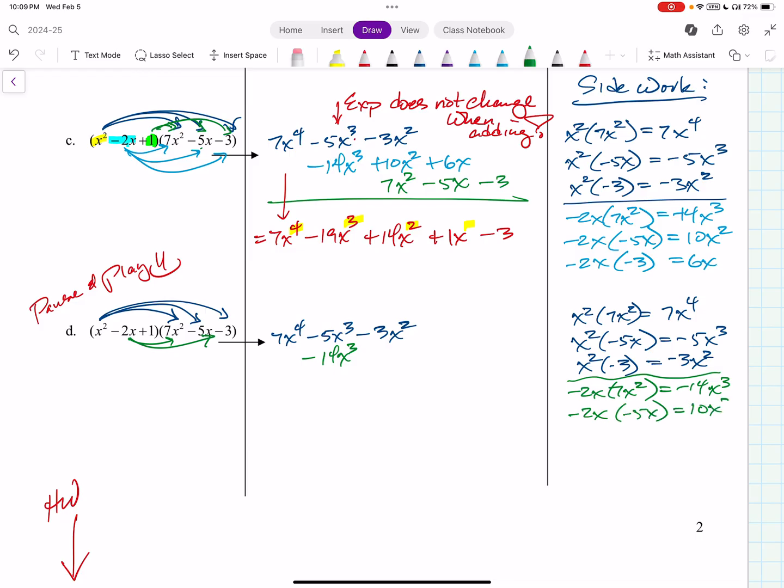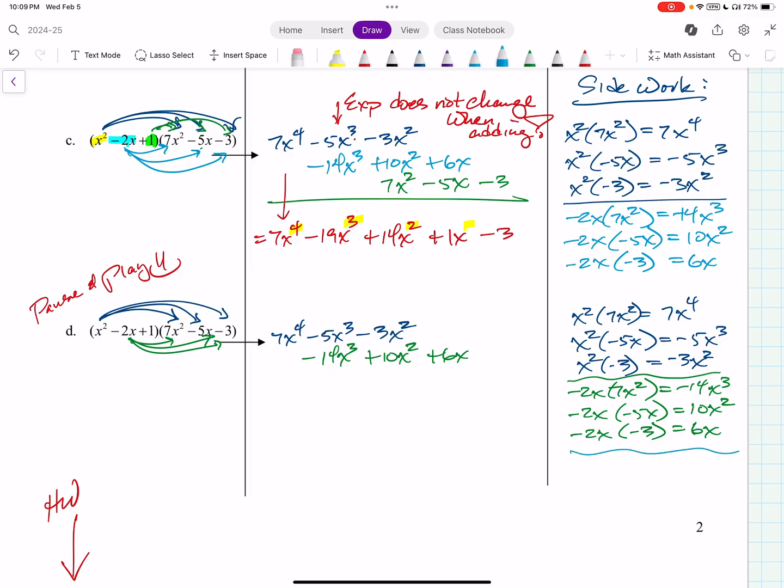And that's 10x squared. And again, you're lining up the squares together. And then the last one, negative 2x times 3. So notice that I'm multiplying 3 times on the side work here. And that's positive 6x. So if it helps you writing down your thinking on the right-hand side, then do it. You know, do whatever it takes.